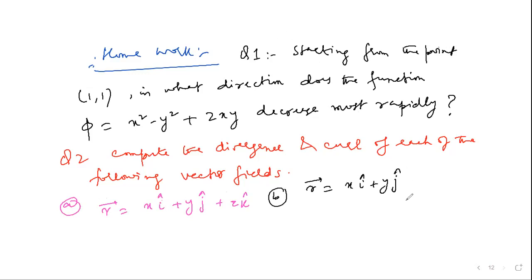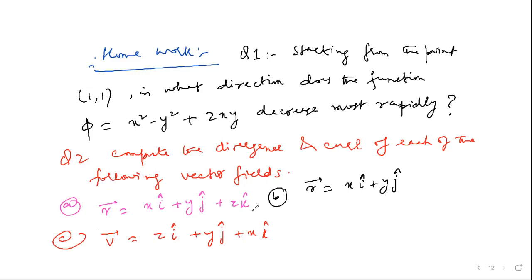Part C is V equal to z i cap plus y j cap plus x k cap.